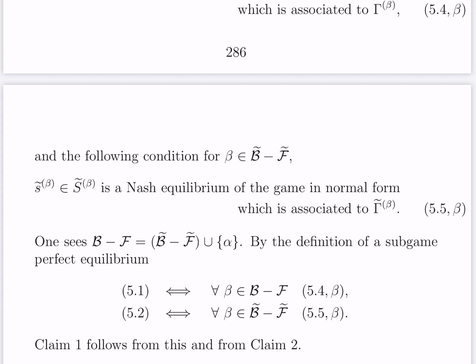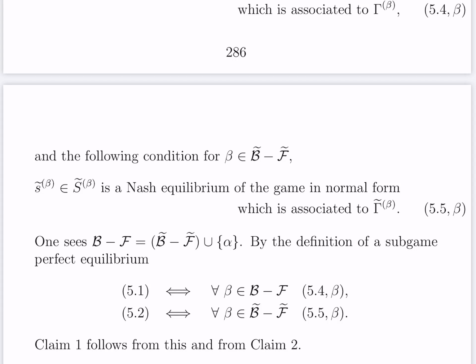And now the definition of a subgame perfect equilibrium says that a strategy combination satisfies 5.1, so it is a subgame perfect equilibrium of the full game, if and only if for any non-final play beta of the full game the corresponding property 5 for beta holds. That means that the corresponding strategy combination is a Nash equilibrium of the associated game in normal form. This is just the definition of subgame perfect equilibrium.